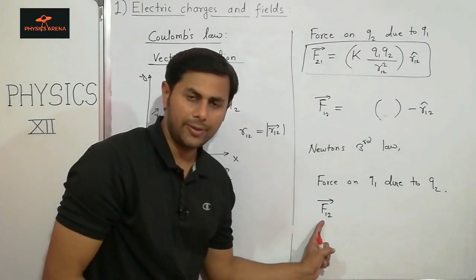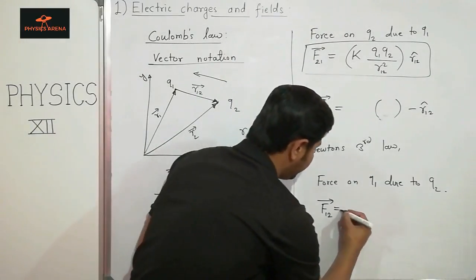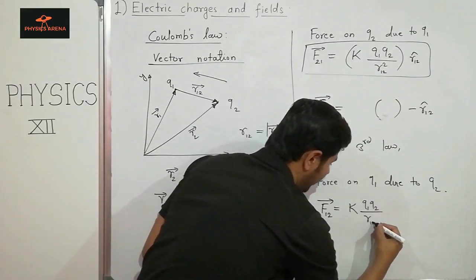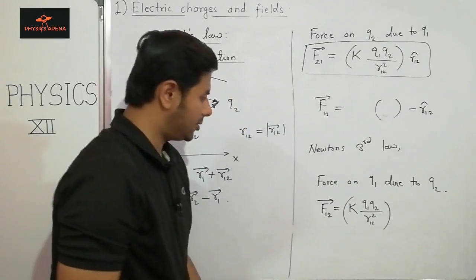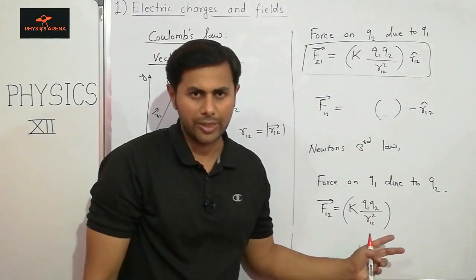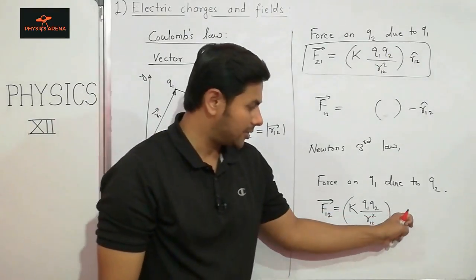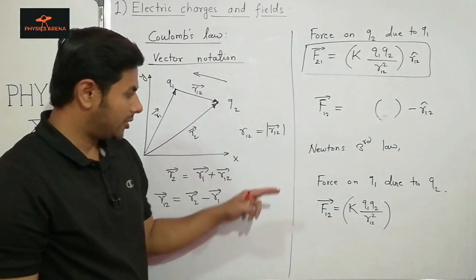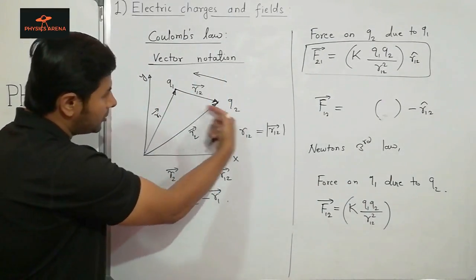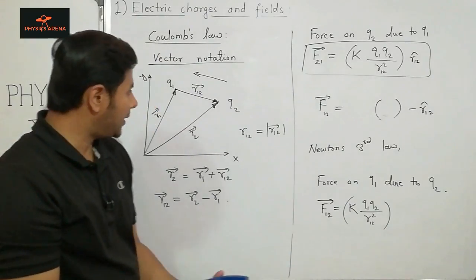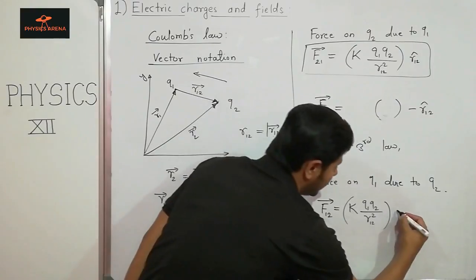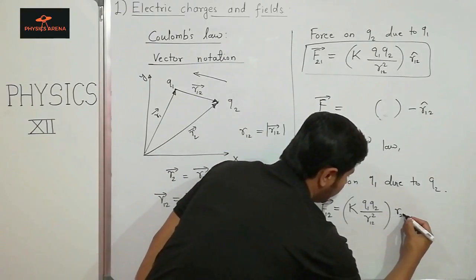This is on 1 due to 2, and it will be equal to K into Q1 Q2 divided by R12 squared. This is the magnitude, so it doesn't matter whether we have suffix 1 2 or 2 1 here, but we have to get this unit vector right. Now it is the force on 1 due to 2, so it will be in the direction from 2 towards 1. So its unit vector will be from 2 towards 1.